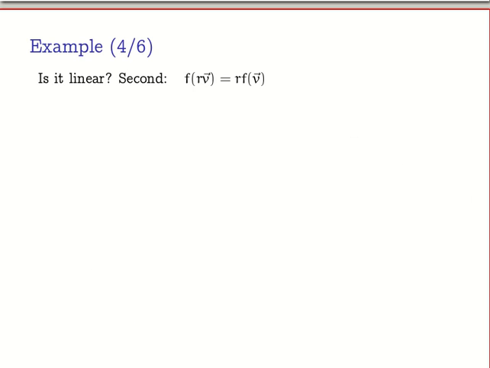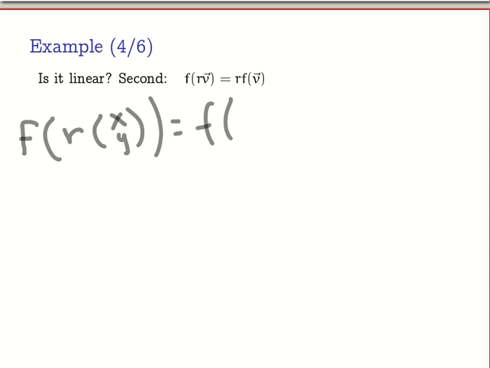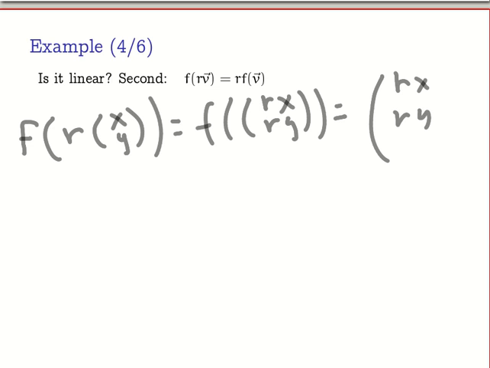We have to check one more property, the second property, which is a little simpler. Let's look for the image of an arbitrary number r times (x, y). We multiply in the r to get one vector, so we'll know how to implement the map. This is equal to (rx, ry, minus rx minus ry).